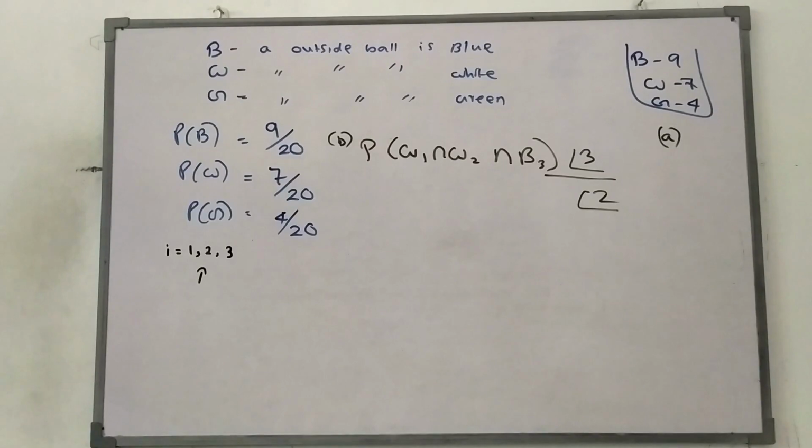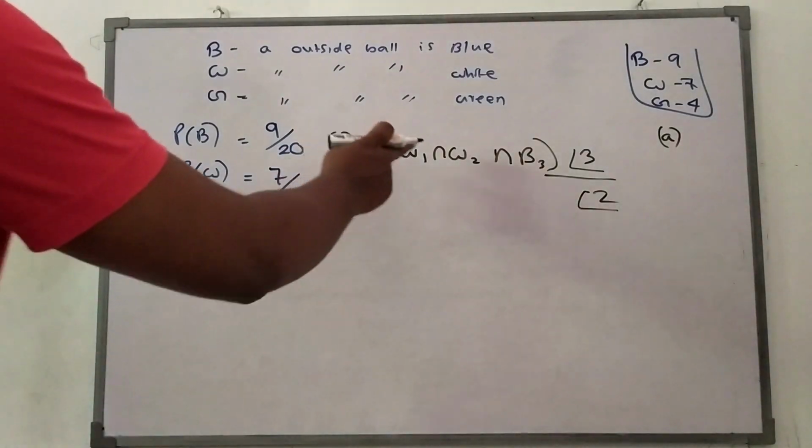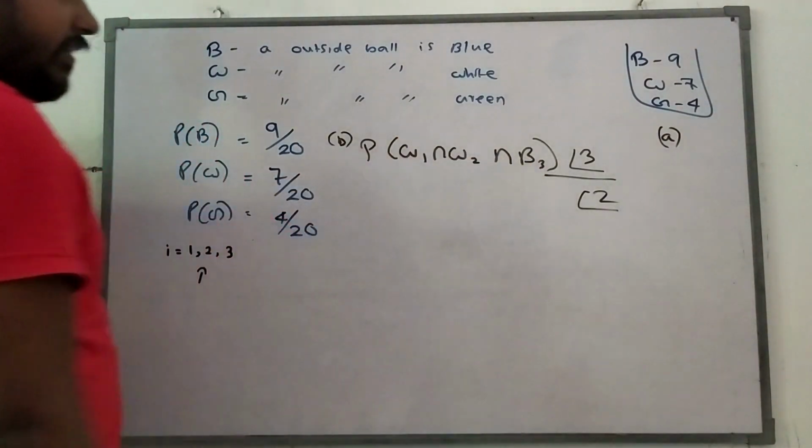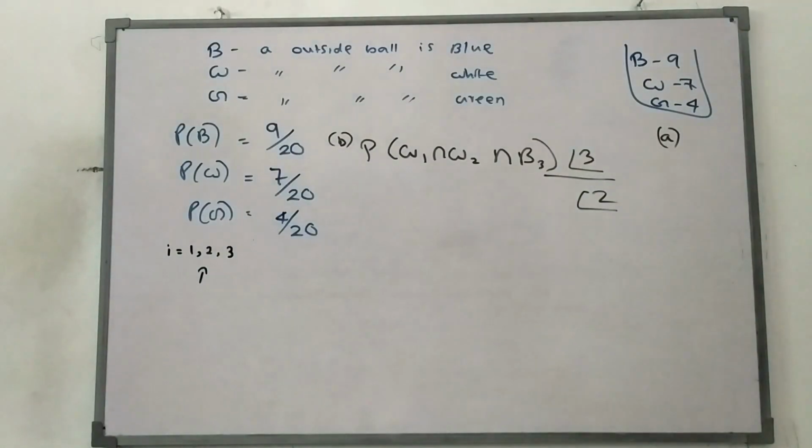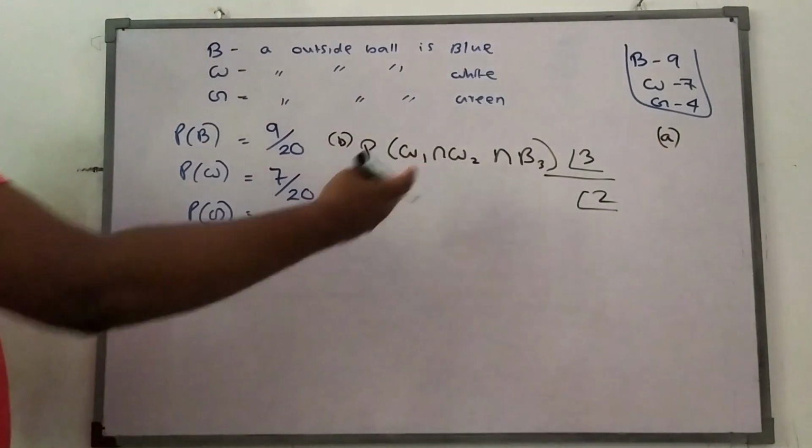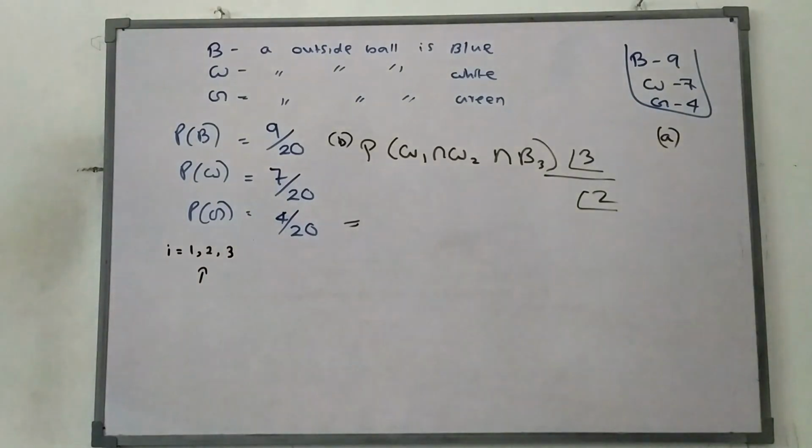The balls are selected at a time, and two balls are white and the other ball is blue. So all together it's three balls, and since we have two same white balls, we divide by factorial 2. This is actually the second permutation theorem.